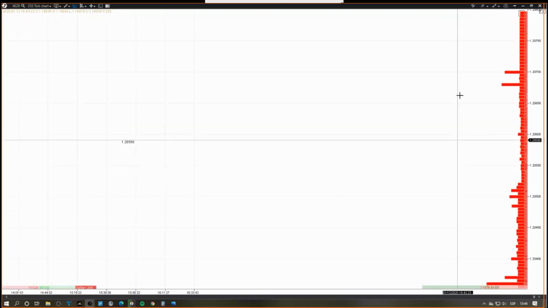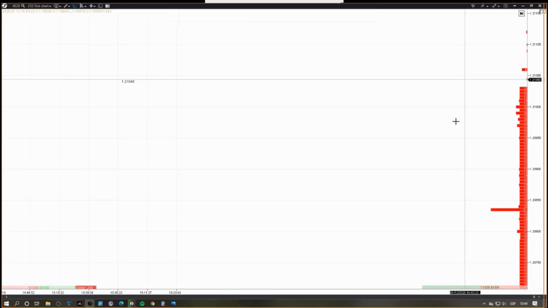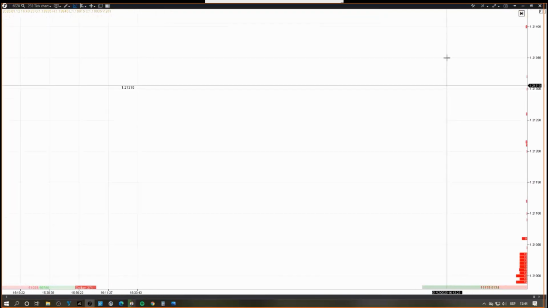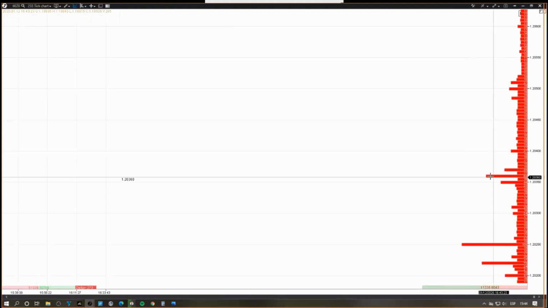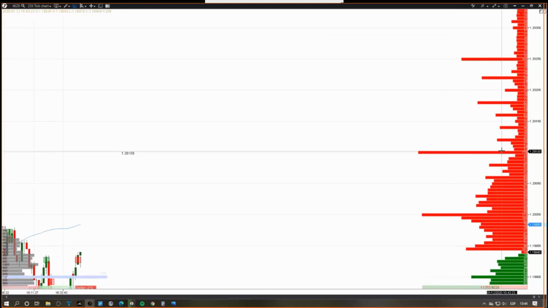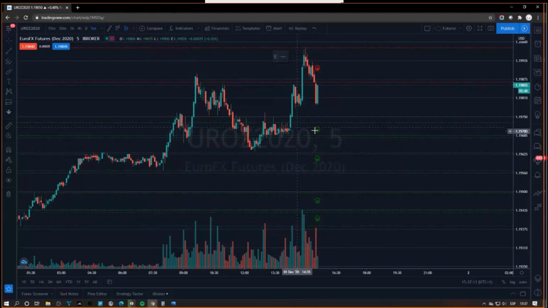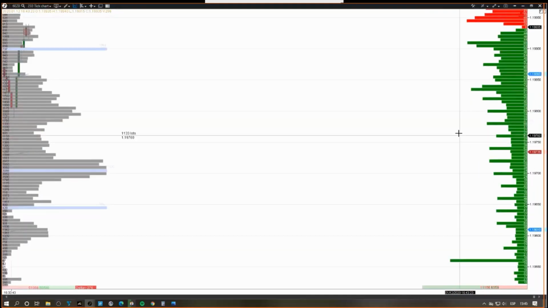Okay, I can see people, institutions, whatever, that are willing to sell at this exact price, this exact amount of contracts or lots. For example, at this price there are 179 lots being sold. And on the green side we have the buyers' pending orders.